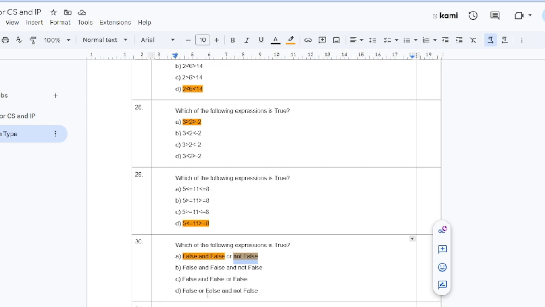And none of the other options is correct, and that is why option A is the correct one.